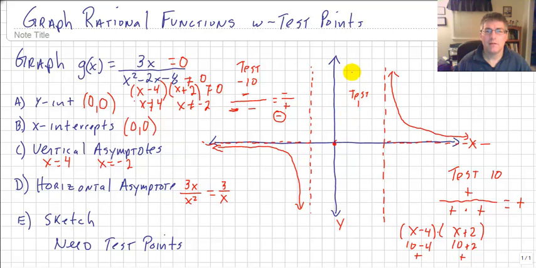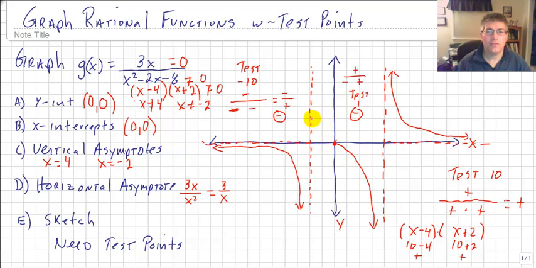When I test 1, my numerator stays positive. X minus 4 becomes negative because we have 1 minus 4, and 1 plus 2 is positive. So I have a positive divided by a negative, so I get a negative result, and that way I know my graph is going to look something like that.